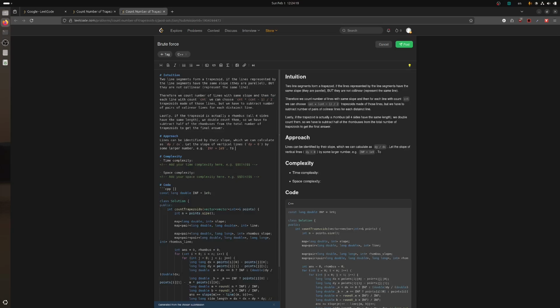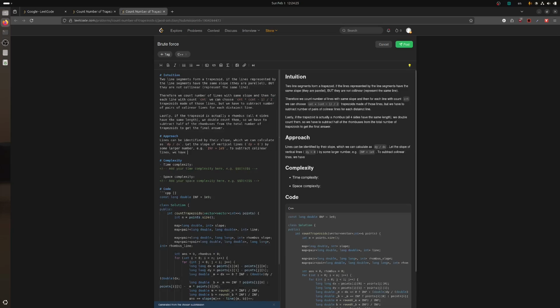To subtract collinear lines, we have to subtract collinear lines.